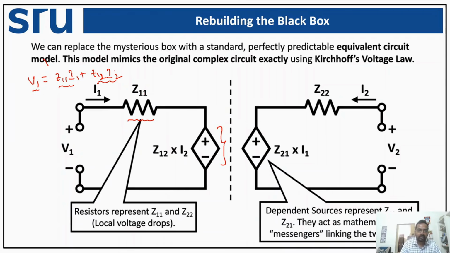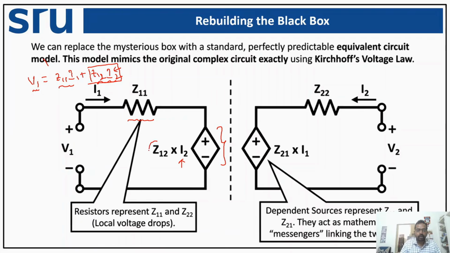Here I2 is the current at port 2, and as it relates to port 1, we make use of dependent sources. As we require a voltage, we use a dependent voltage source, but this parameter depends upon the current, so we use a current dependent voltage source.